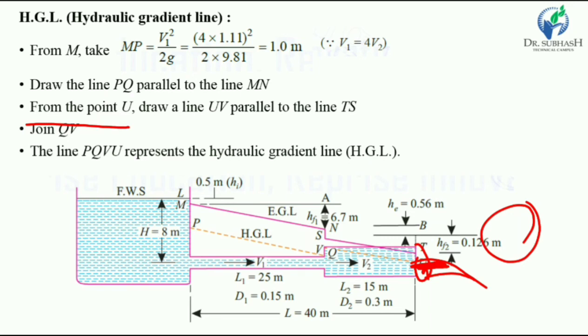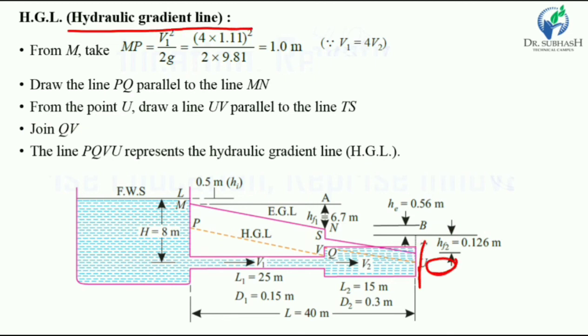Datum or potential energy is 0 because the center line is also considered as the datum line, so the distance between the datum line and the potential head is 0. So only velocity head or kinetic energy is there in the flow, but it is not considered in the hydraulic gradient line. So at the outlet, the hydraulic gradient line is always at the center point of the cross section. Okay, so the U point is the center point of the cross section.